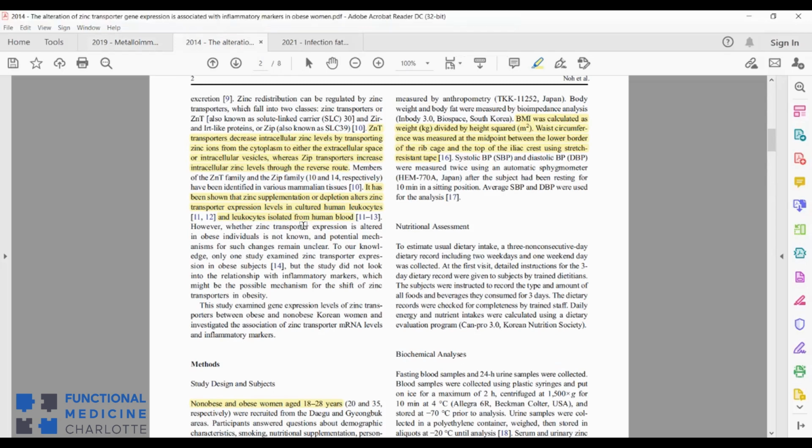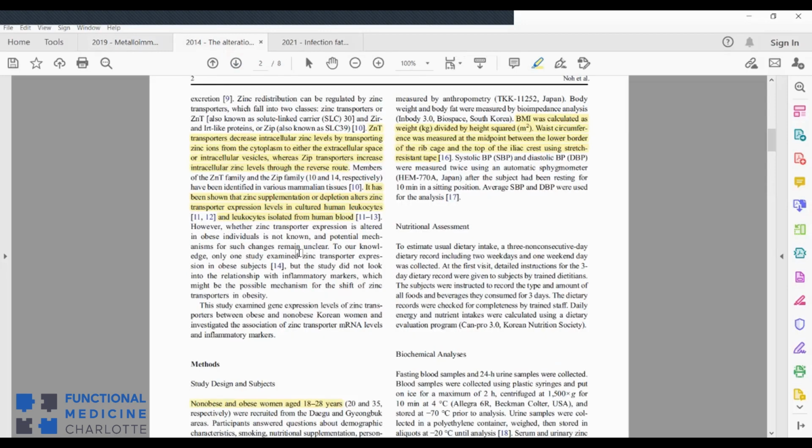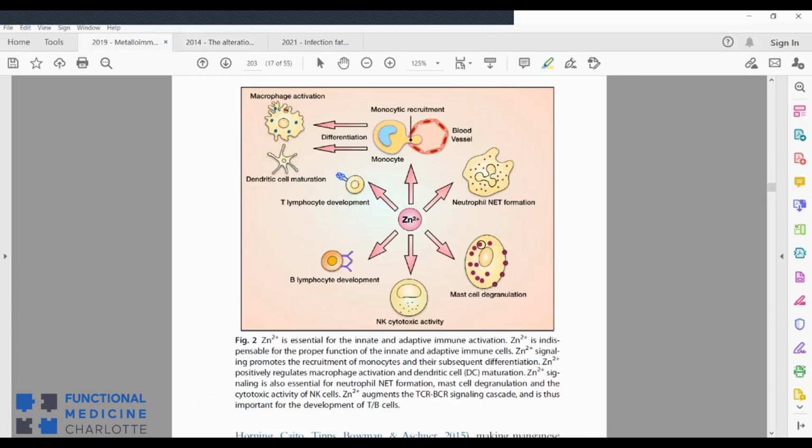We can take zinc, improve our zinc transporter levels, improve zinc's role in our immune system. So if someone says there's nothing you can do for a viral infection, nothing natural you can do, well, the science doesn't support that. The science says if we take zinc, we can increase zinc transportation into and out of cells, and therefore provide zinc for optimal immune response.